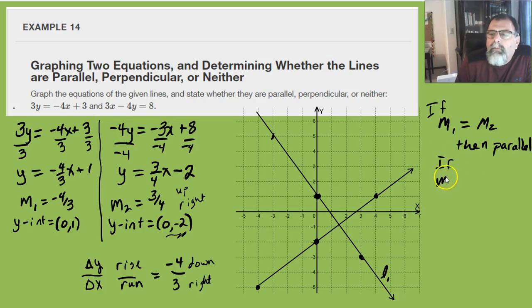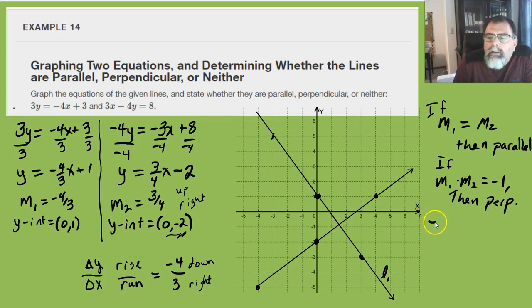If M1 times M2 equals -1, then it's perpendicular. Okay, so let's just verify. We got -4/3 times 3/4, which equals -1. Check. So line 1 is perpendicular to line 2.